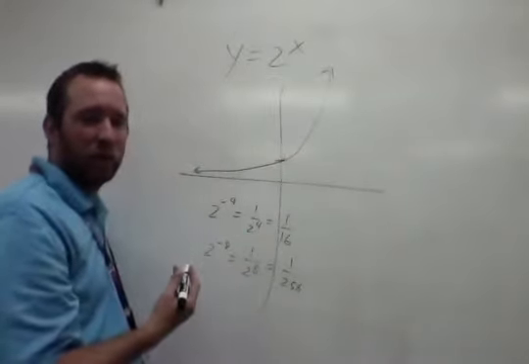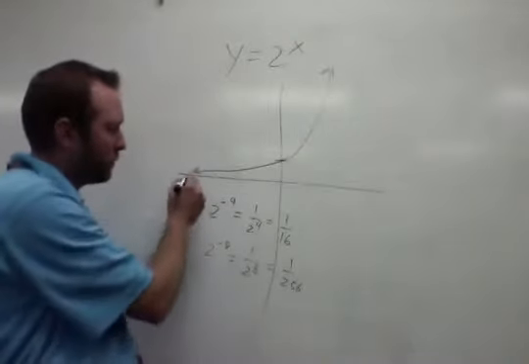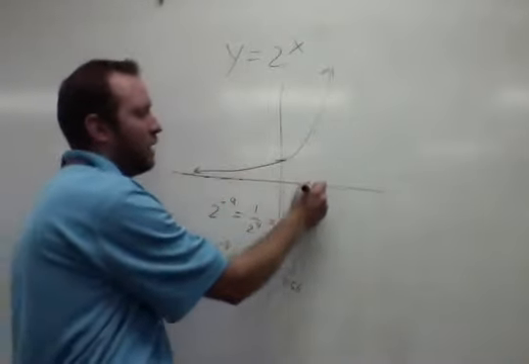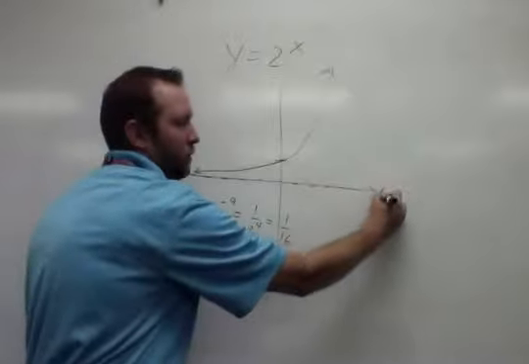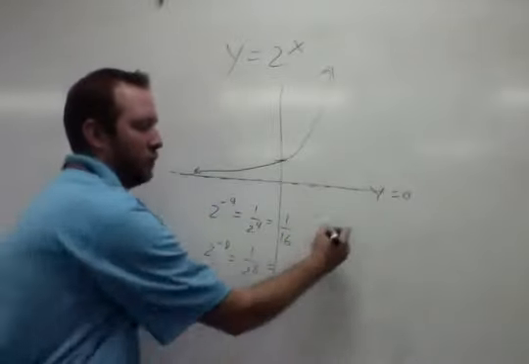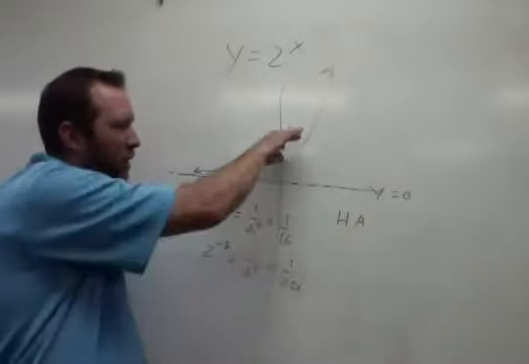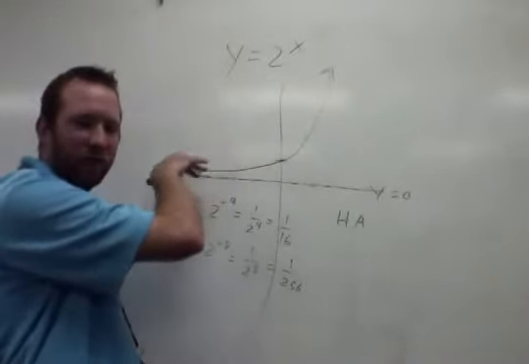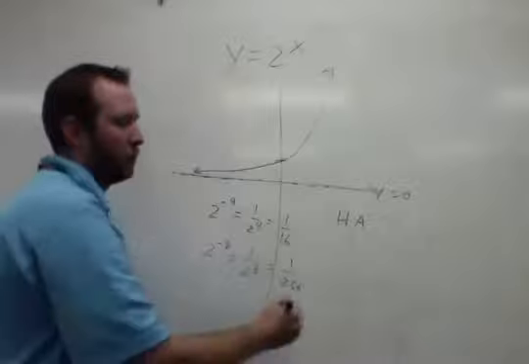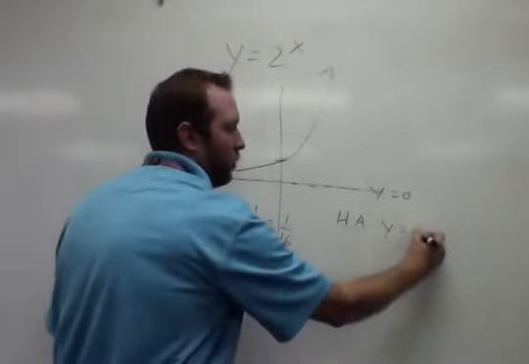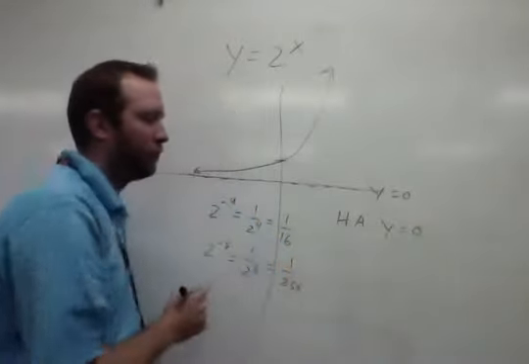That's what we call our horizontal asymptote. Our asymptote is going to be this line, y equals 0. Horizontal asymptotes are actually equations of lines that the graph approaches. So we're going to have a horizontal asymptote at y equals 0.